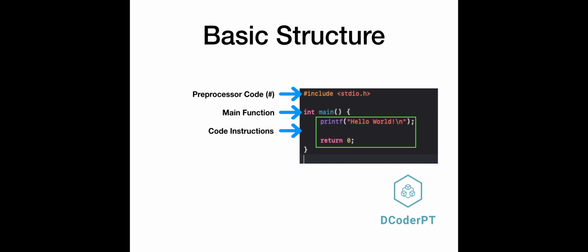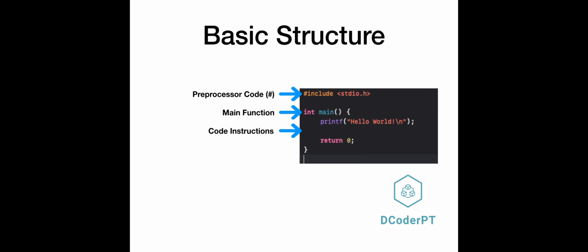So int main is on the root of the file, so it doesn't have any tab. But the two instructions inside the green square are part of the main code block, so since they are inside of main, we make a tab to show clearly that they are their own part of the main code block.